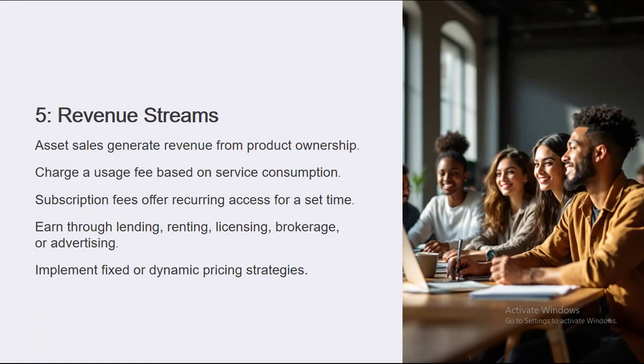Are you going to use a usage fee-based charge, or you are going to be charging based on service consumption? Are you going to be using subscription fees or recurring access for a set time? Will you be earning through lending, through renting, licensing, brokerage, or advertising? But you need to be able to find how you would generate revenue, okay, from your business.